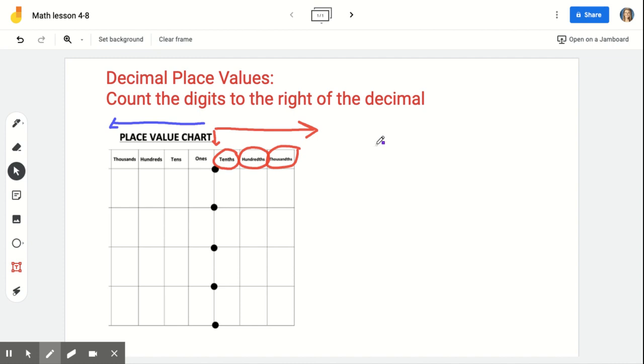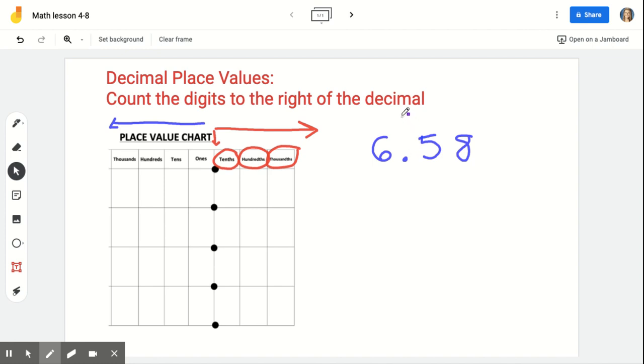So, for example, go ahead and get your whiteboard or your place value chart ready. If I gave you the number 6 and 58 hundredths, go ahead and write that out. You locate the decimal, so go ahead and point to the decimal on your whiteboard.